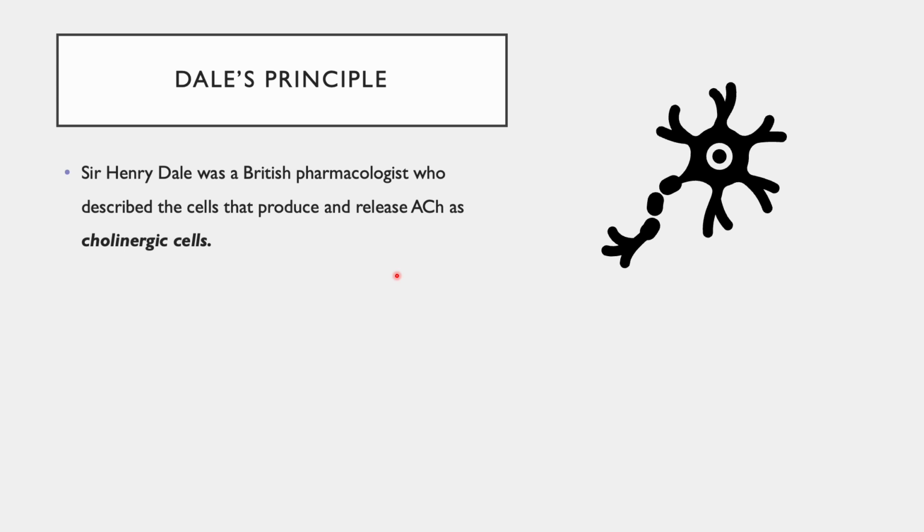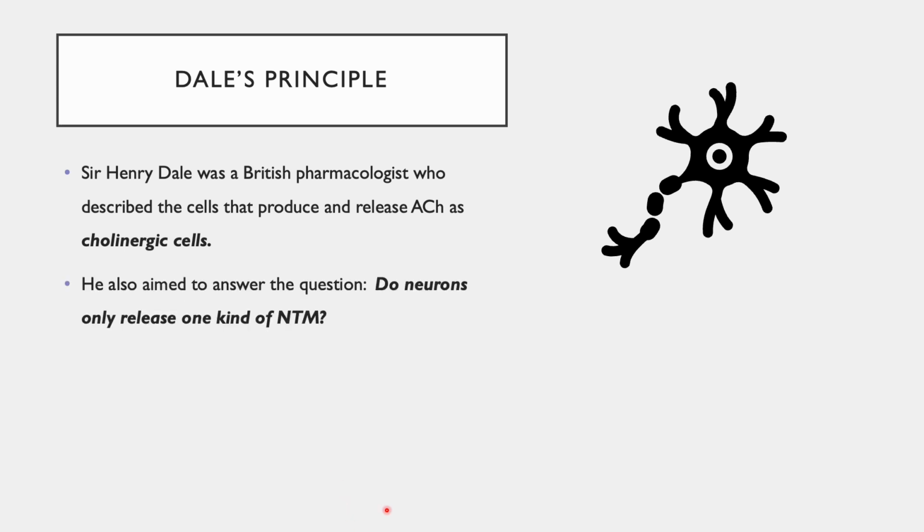This is known as Dale's principle. Sir Henry Dale was a British pharmacologist, and he described cells that produce and release acetylcholine as cholinergic cells. Thus, cells that produce and release serotonin could be referred to as serotonergic cells. Essentially, he aimed to answer the question, do neurons only release one kind of neurotransmitter?